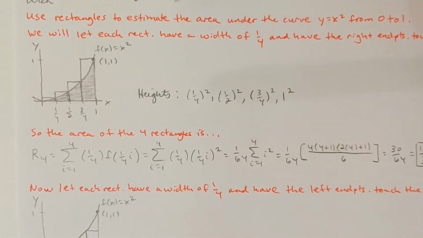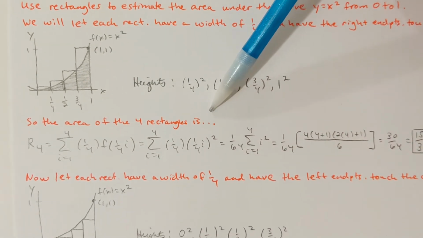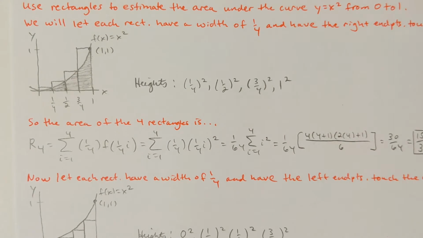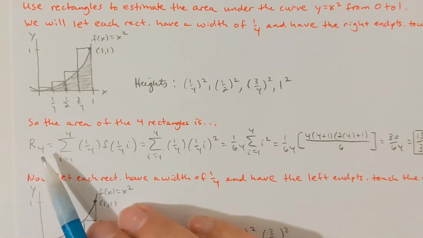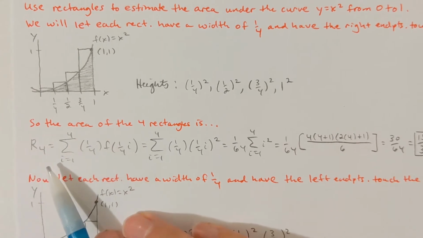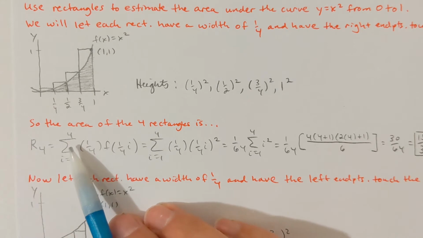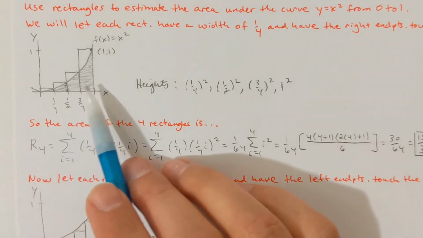Okay, now the area of the 4 rectangles I'm going to call capital R sub 4. This is notation that you'll see in the book. R means right endpoints, 4 means 4 rectangles. And I'm going to be adding up the areas of these 4 rectangles here.